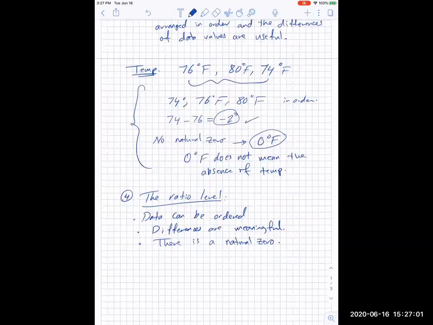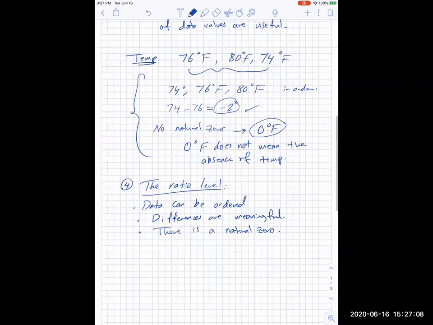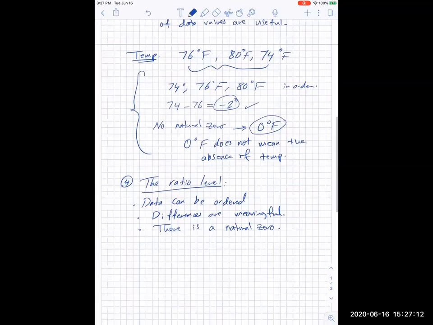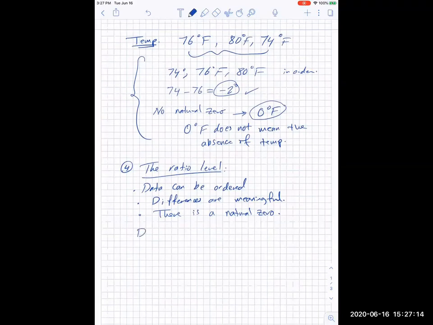So yes, at the temperature or interval level, there is no natural 0, but at the ratio level, we have a natural 0. For example, when I talk about the distance a student takes from home to college, that distance can be arranged in order.